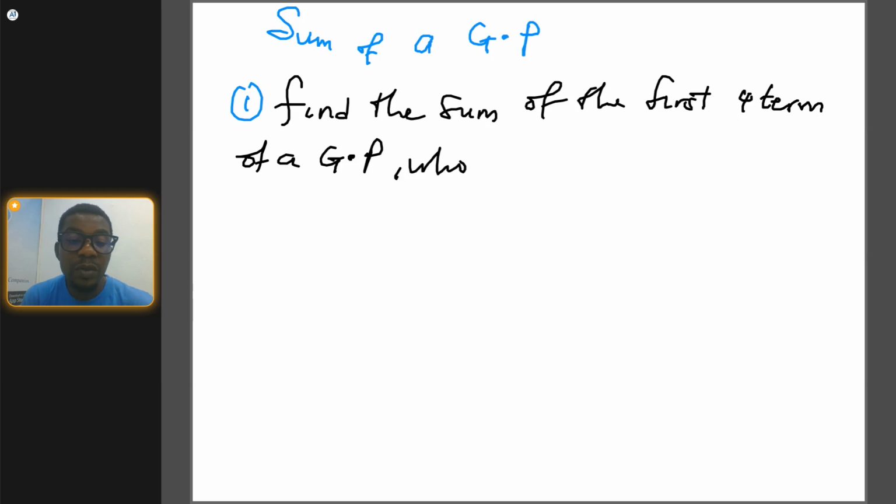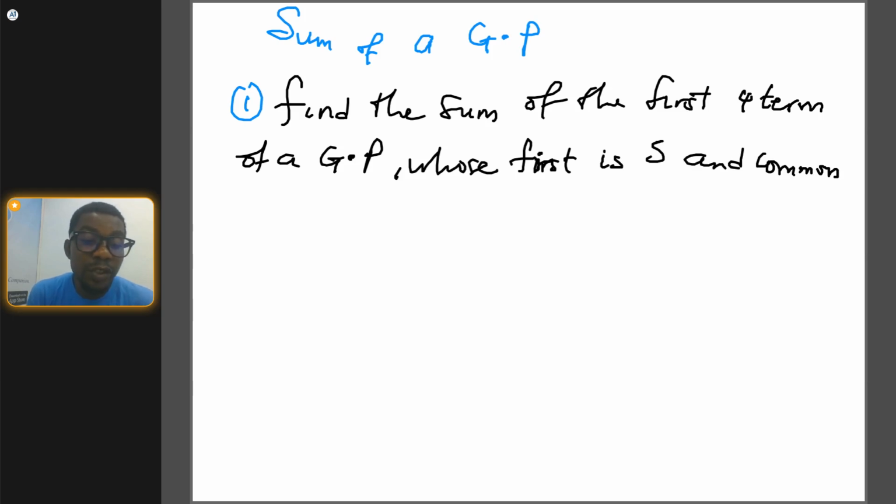whose first term is 5, and the common ratio is 1/2.